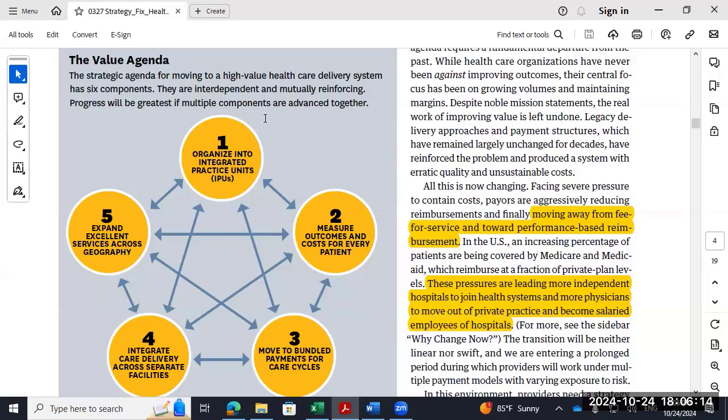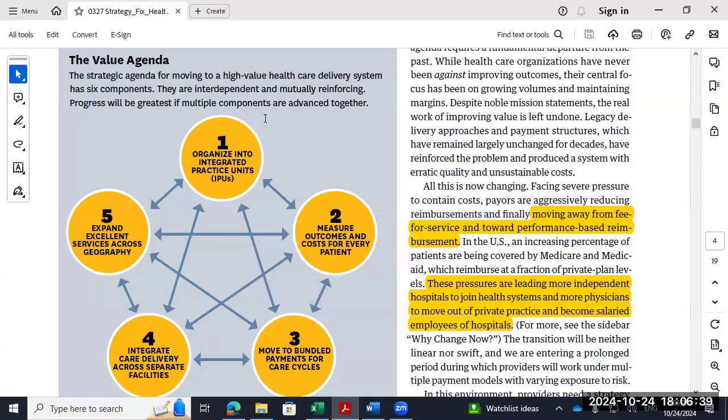Measuring outcomes, not in terms of hospital volumes, but in terms of what it's doing to the patient. We're talking about health. He said move to bundled payments for care cycles. That's the one I think is the least likely to work. But essentially what it says is, okay, your medical group, you're responsible for San Antonio.